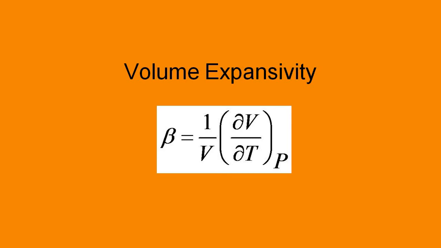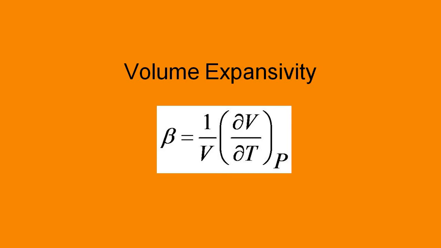When temperature increases, the volume of that body or system will also increase. If this is done at a constant pressure, you can write the rate of change of volume with respect to temperature, change in volume by change in temperature, as dou V by dou T, because we are taking constant pressure.